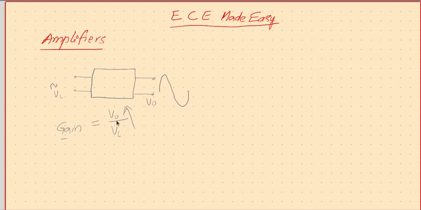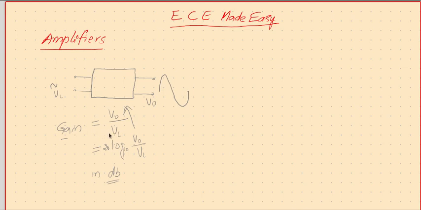Hence, to have a small value to discuss, we usually talk in terms of a logarithmic ratio. So we just take the log of the ratio and multiply it with 20, and what we get is in something called decibels.